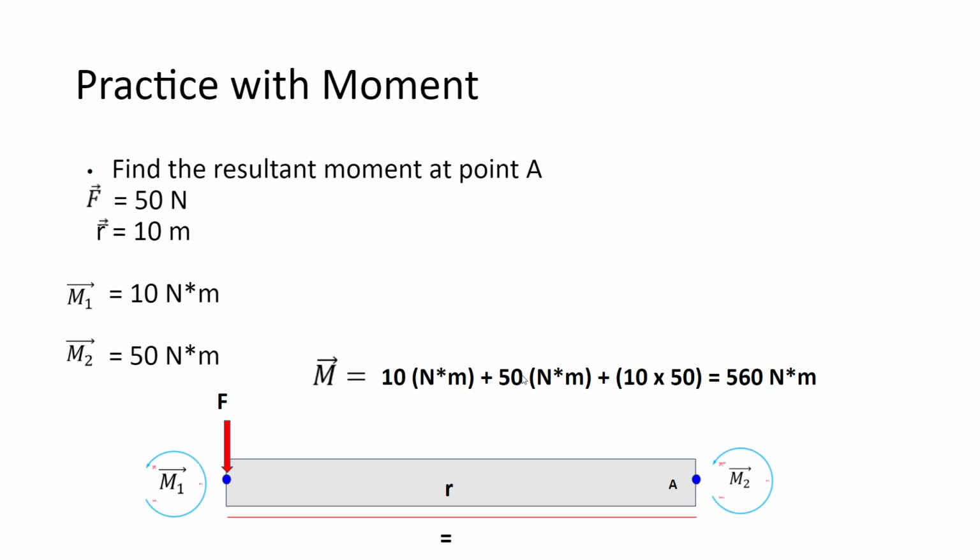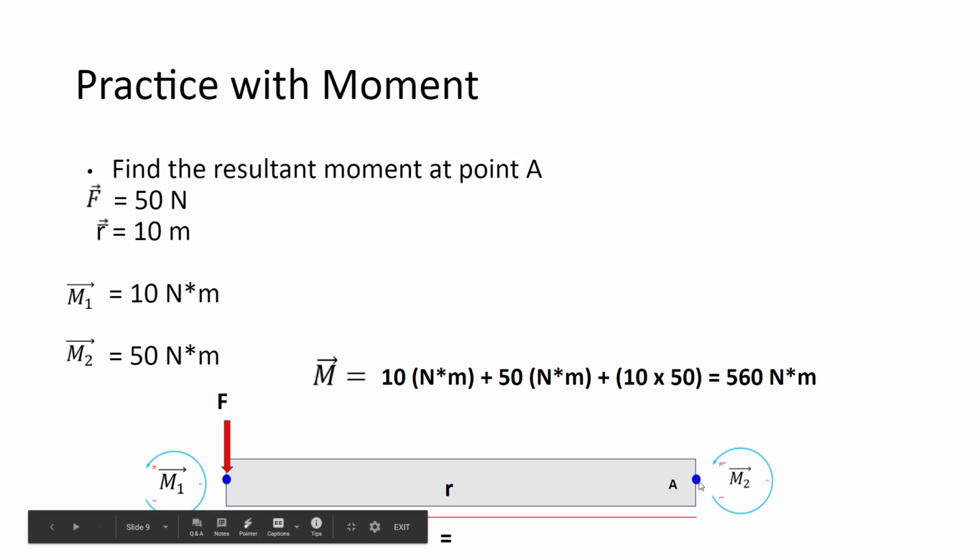And then adding together our 10 plus our 50 plus our 10 times 50 will give us a resultant of 560 Newton meters.